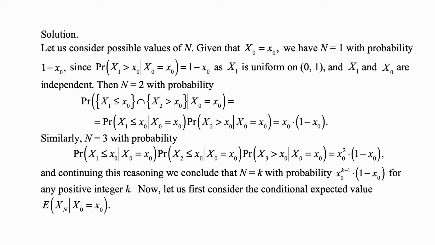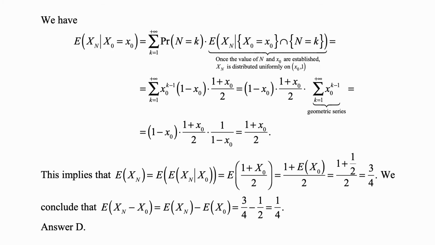Now let us first consider the conditional expected value, E of xn, given that x0 is equal to x0. That's equal to the sum from k equal 1 to plus infinity of the probability that n is k times the expected value of xn, given that x0 is x0 and n is equal to k.